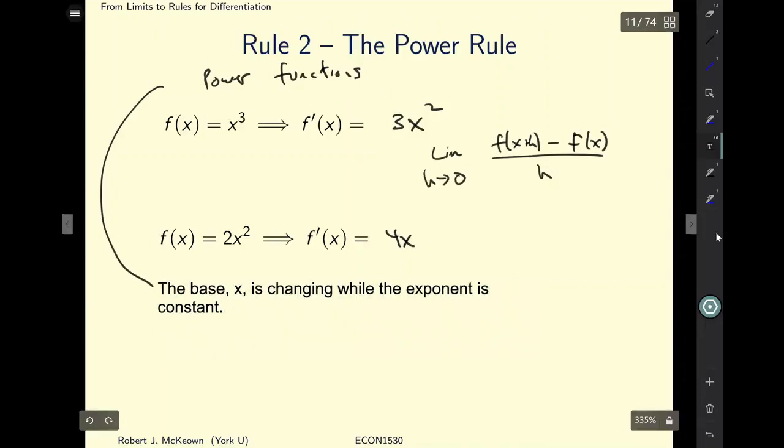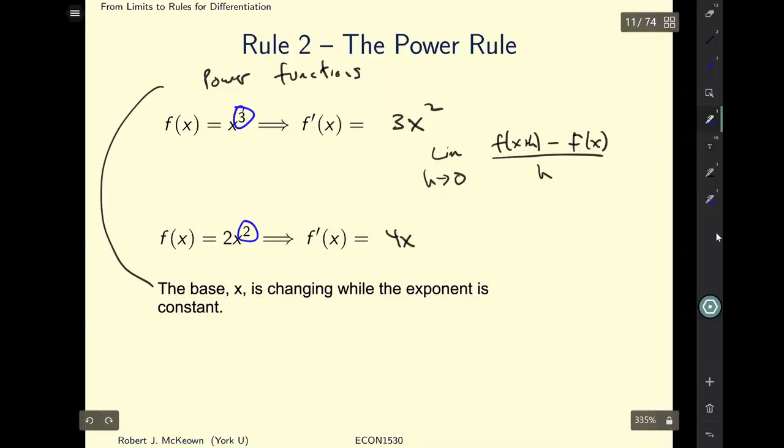The variable of interest is x, and x is the base, right? It's the base of the exponent. The exponent itself, in this case, we've got a 2 here and a 3 here. That's constant, right? It's a constant number. As x is changing, that exponent's always staying the same. It's always going to be equal to 2, or it's always going to be equal to 3, depending on which function we're looking at.